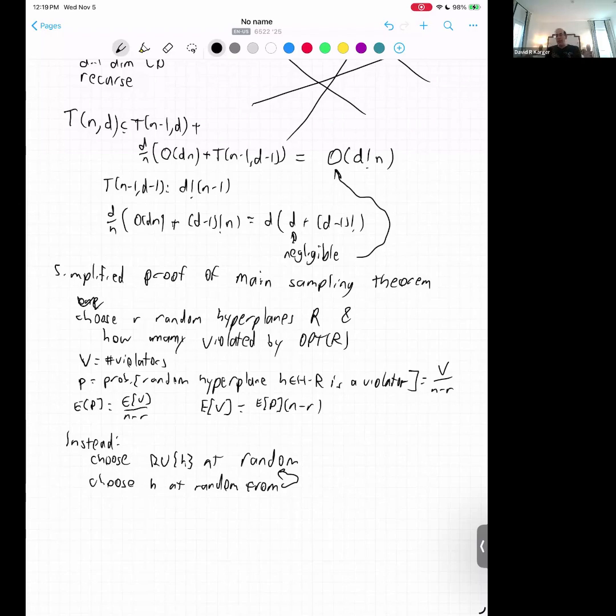One way to do that is to first choose the R hyperplanes and then choose one more. I'm going to do it the other way around. I'm going to choose R+1 hyperplanes and then randomly decide which of them is left out. So if I think of it in this backwards perspective, what is the probability that H violates the optimum of R?